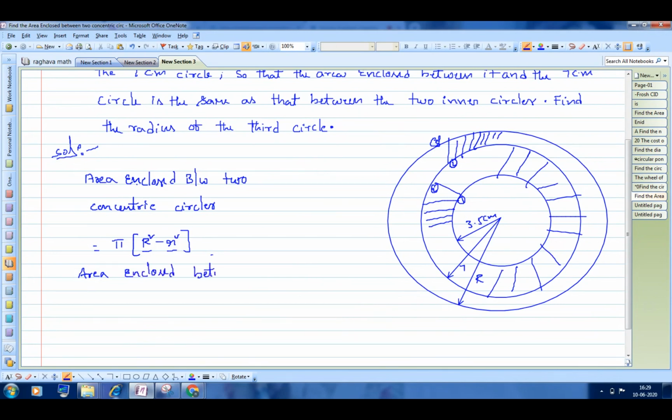between the two circles whose radius was 7 centimeter and 3.5 centimeter.